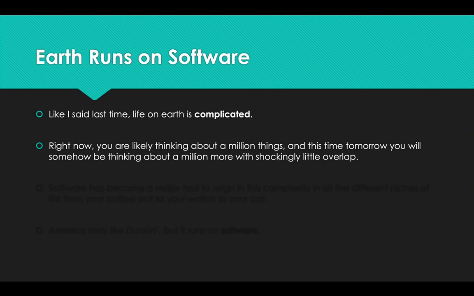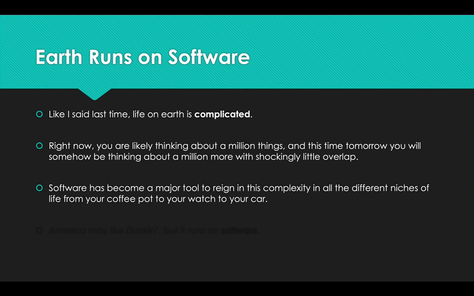Tomorrow, at this exact same time, you might be thinking about a million completely different topics or ideas, and just that thought experiment, beyond anything that's happening in your actual occupation, provides the context for what software is trying to do. It's trying to take all of these things out of your brain and give you a way of organizing all of those things that implement the life that you live.